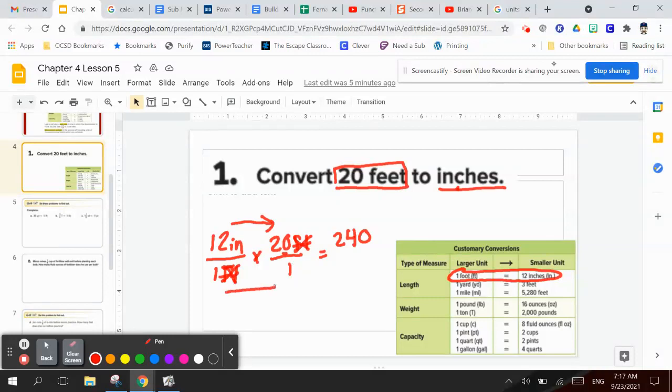Then I multiply 1 times 1, and I get 1. So the fraction 240 over 1 is the same as 240. Now remember I said we need to have a label. Inches is what we're looking for, so that has to be my label for my answer. So 20 feet is 240 inches.